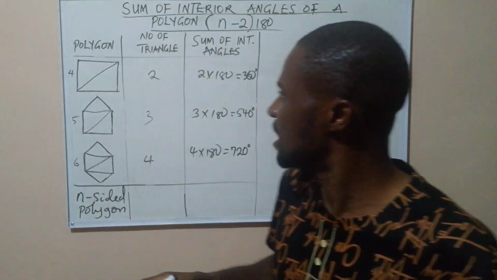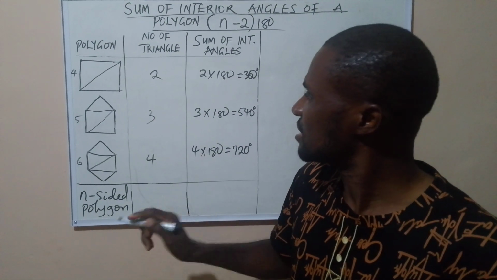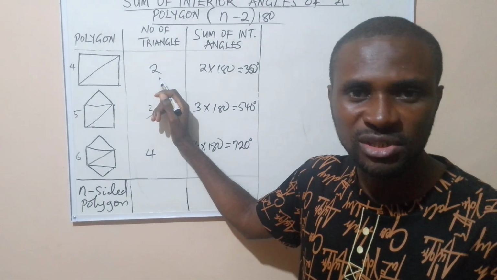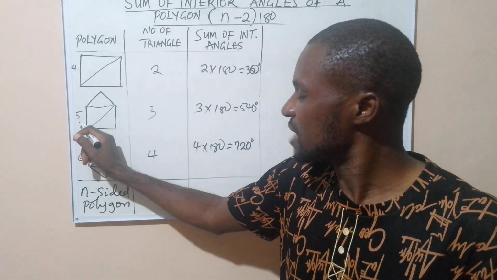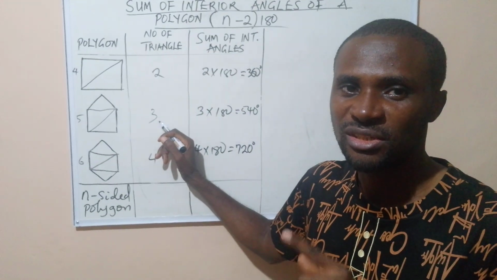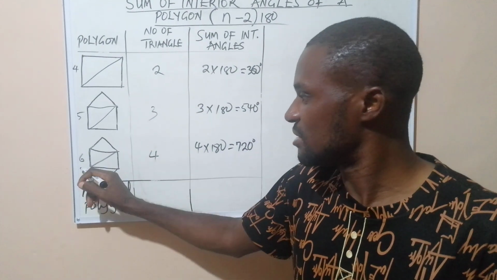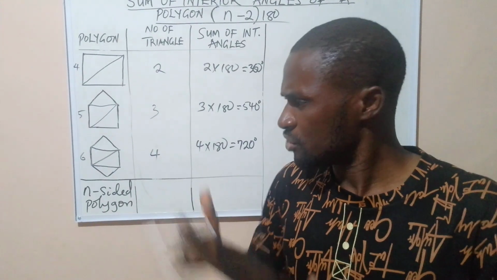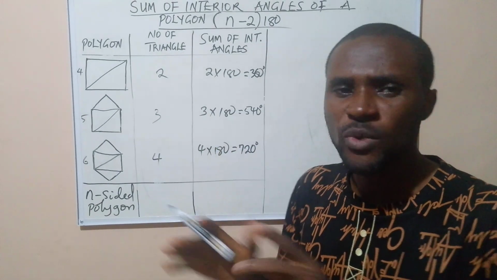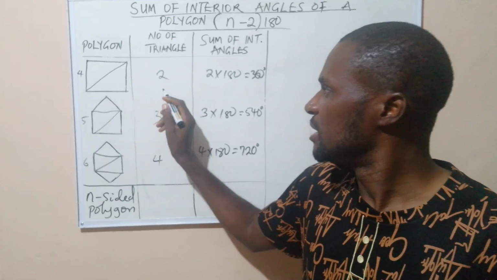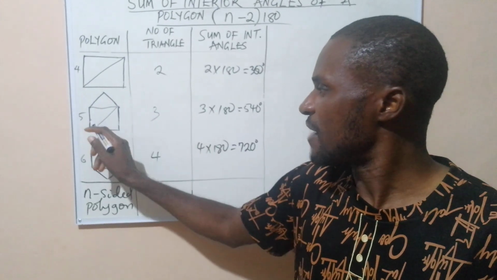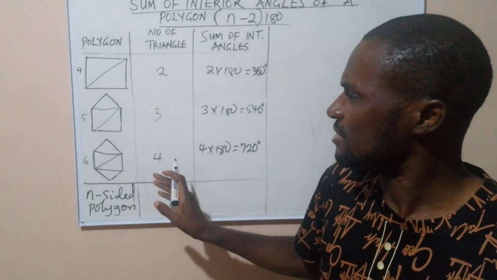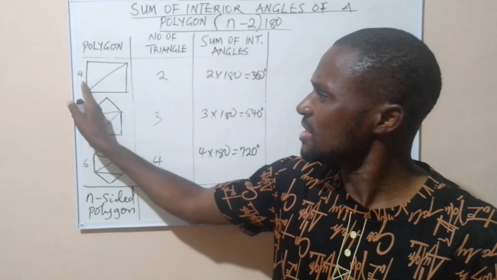So looking at here, we notice that we are having 4-sided and we had how many triangles? 2 triangles. 5-sided, we are having how many triangles? 3 triangles. 6 sides, 4 triangles. So just from your observation, you will find out that 4 gave 2, 5 gave 3, 6 gave 4.